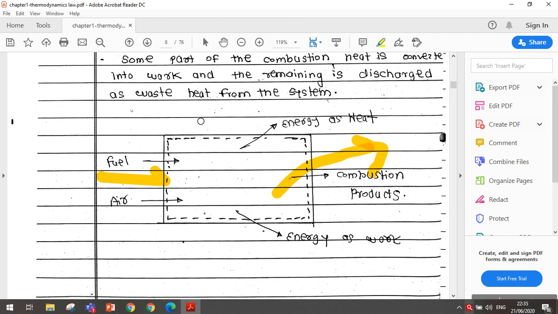We supply energy as heat through the spark plug at the end of compression. That is the spark energy, which we call electric energy. And there is chemical energy: the fuel and air is nothing but chemical energy, which starts to burn, and that energy is given out as heat and as work.